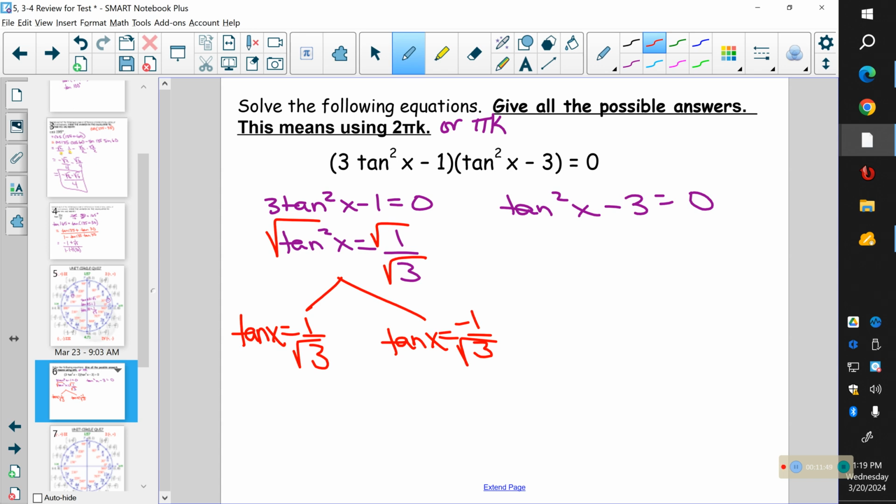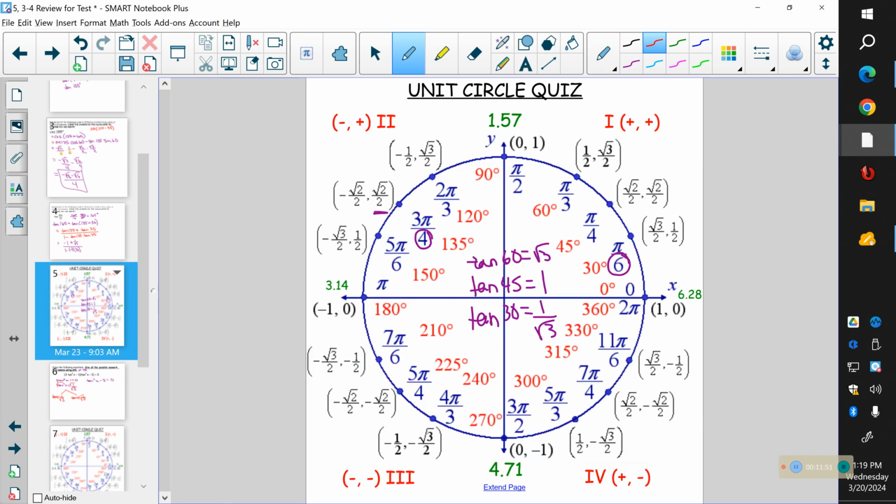Now, with that being said, tangent is going to be negative, positive, positive, and then negative there. Do we see that? Okay? Now, I need to have a tangent being 1 over the square root of 3.